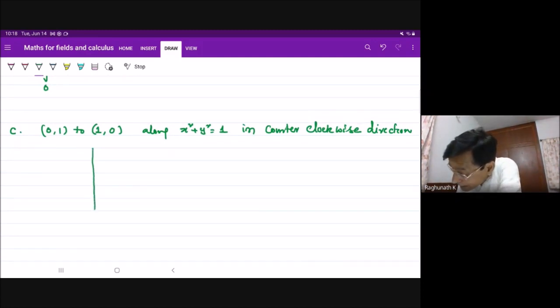I want you to see this. For me, the path is fixed. I will start here, 0, 1, to 1, 0 along the circle.